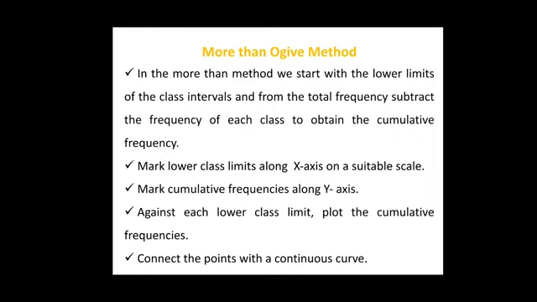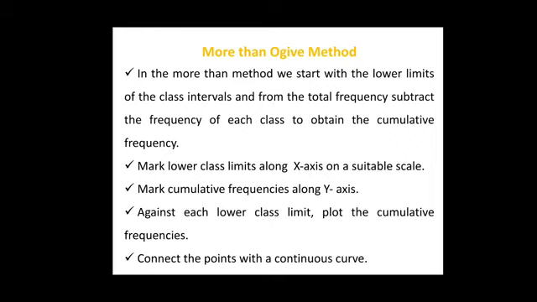And then from the total frequency, subtract the frequency of each class to obtain the cumulative frequency. That is, to obtain the cumulative frequency, we subtract the first class frequency from the total frequency to obtain the cumulative frequency of second class. Then subtract the second class frequency from that and so on.